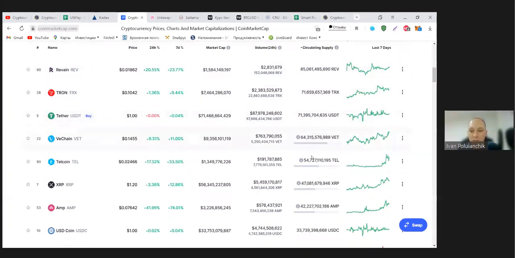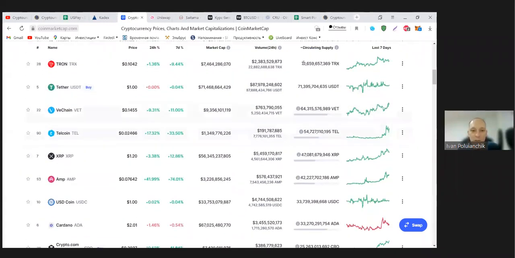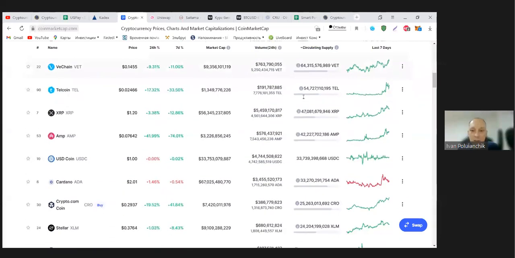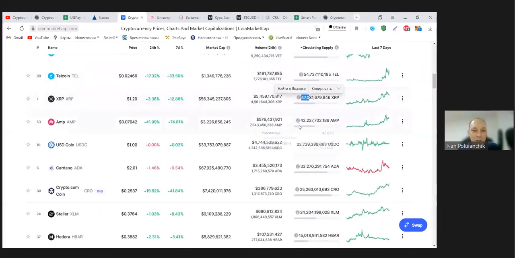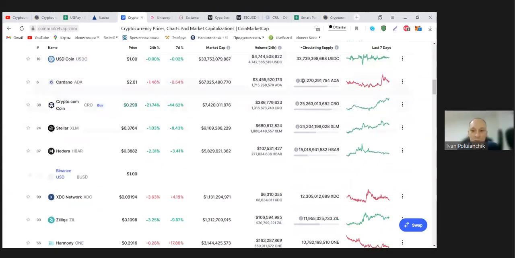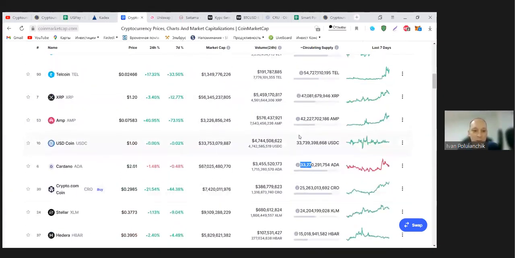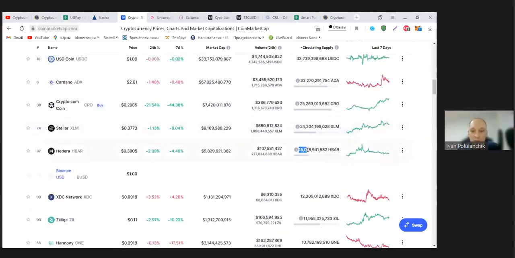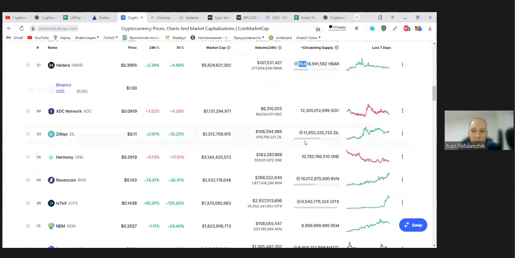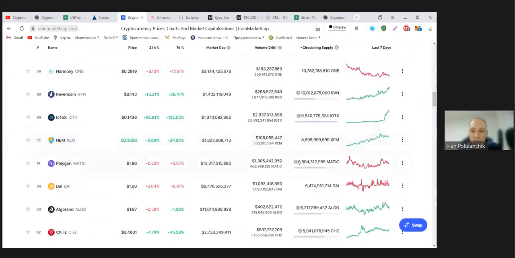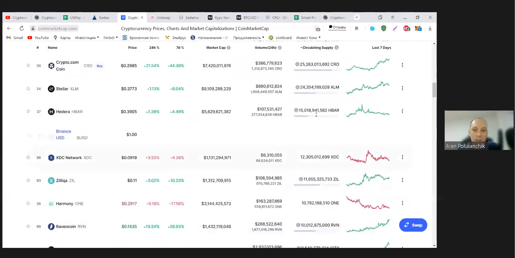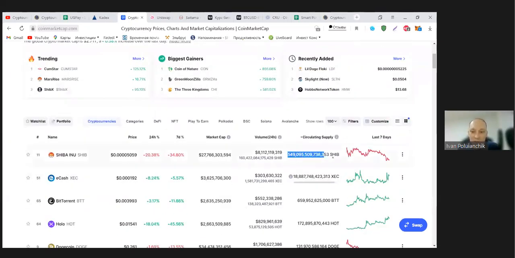We will have 80 billion WCRUs. You see that all more or less good coins have 70, 60 billion, and Cardano has 33 billion. Bitcoin has 18 million. Matic 6 billion.